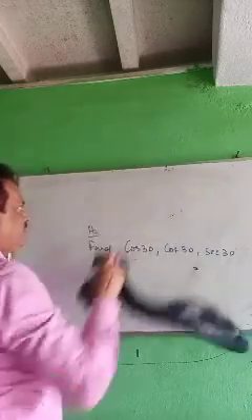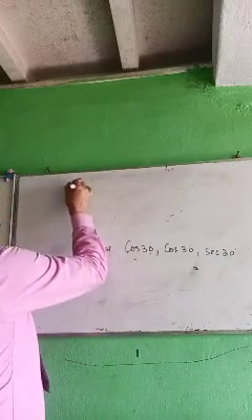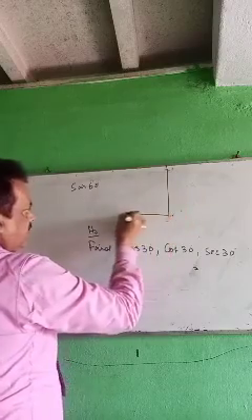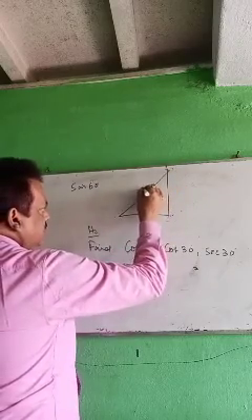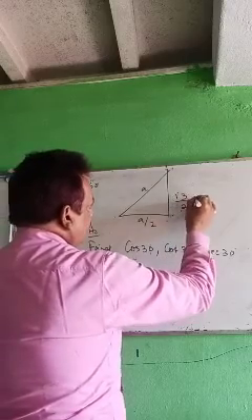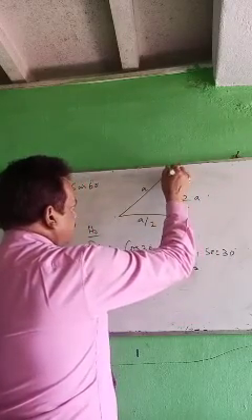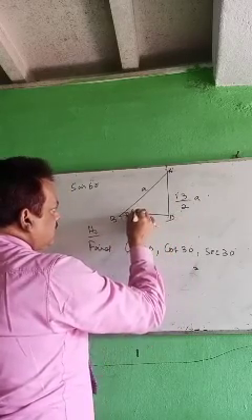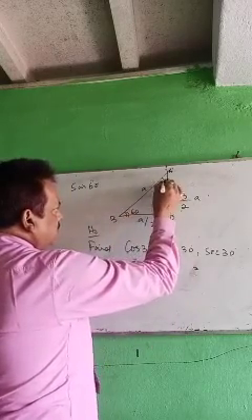Okay, 60 degree, sine 60 degree. You have to take the same triangle. This is A by 2, this is root 3 by 2A. This is A, this is B, this is B, this is 60 degree. This is your 30 degree.